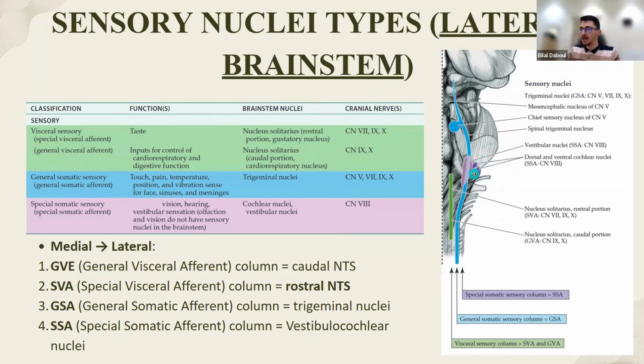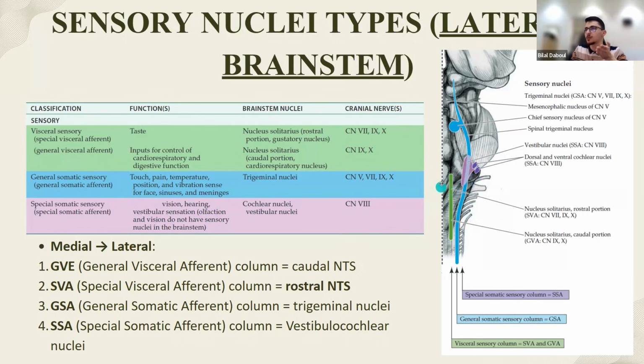So again, medial to lateral recap: you have GVE, you have the caudal NTS, then the rostral NTS, which has taste function, or the gustatory nucleus. Lateral to this, you have the general somatic afferent column, so think about the trigeminal nuclei, again, facial sensations. Then just lateral to this, the lateral-most column would be the vestibulocochlear nuclei. You think about vestibular sensation and, of course, hearing.